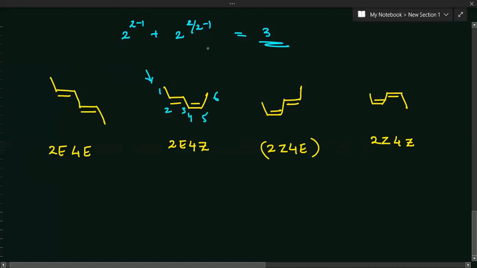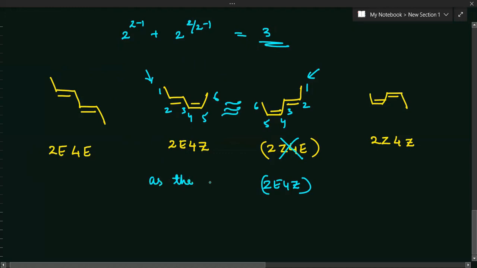And if I number it from this direction, 1, 2, 3, 4, 5, 6. So it's 2E4Z, same only, right? So students will get confused here. Because ends are same, I can number them in any direction.